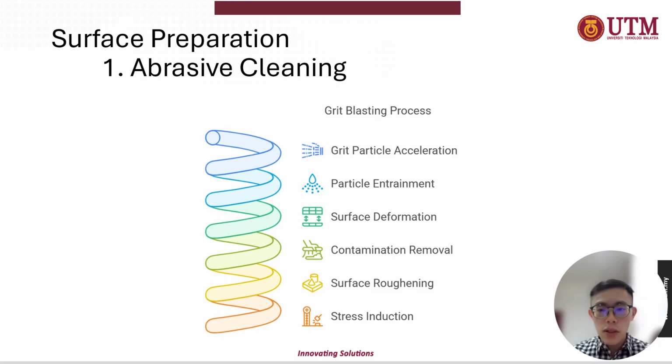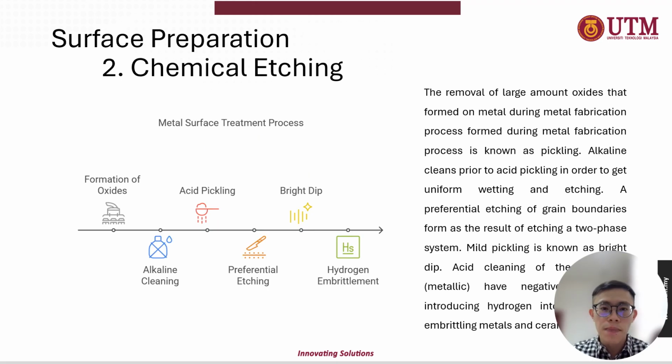How do we look at this slide? We look from the bottom to the top. So we have stress induction, surface roughening, contamination removal, surface deformation, particle entrainment, and the last one, grit particle acceleration.